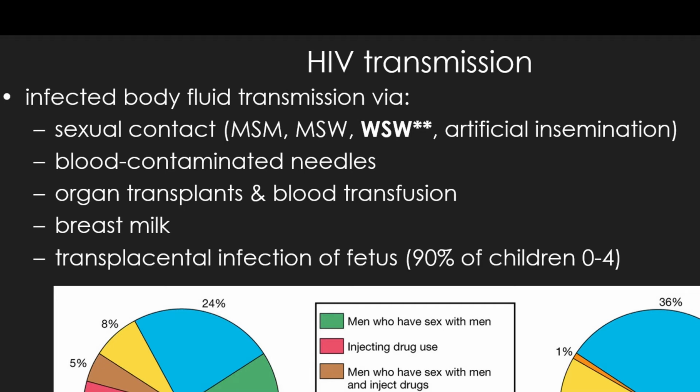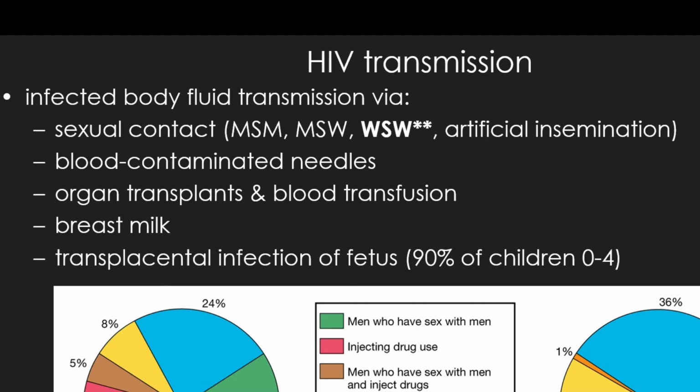And I bolded and put some asterisks there next to women who have sex with women because until just recently it was thought that women could not contract AIDS from sexual contact with another woman, but that actually has been disproven in a recent study. So sexual contact's the big one.